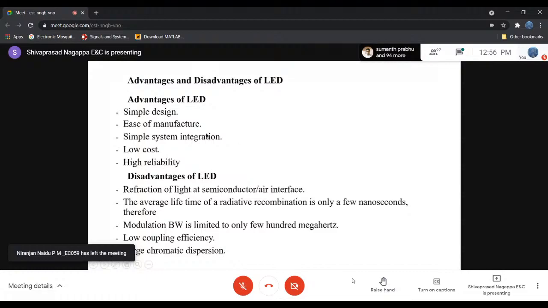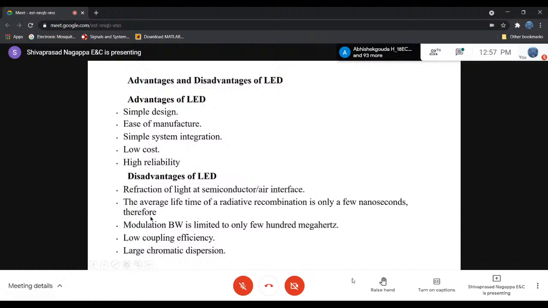But any device for that matter will have advantages, and at the same time it will have disadvantages. The disadvantages of your LED are the refraction of light at the semiconductor-air interface. This refraction takes place between the semiconductor and the air interface.